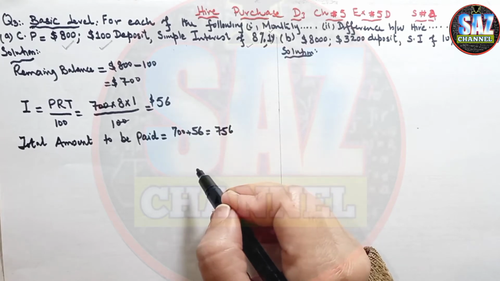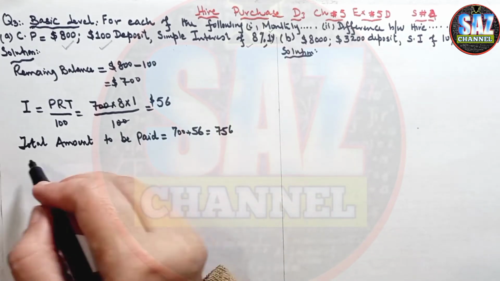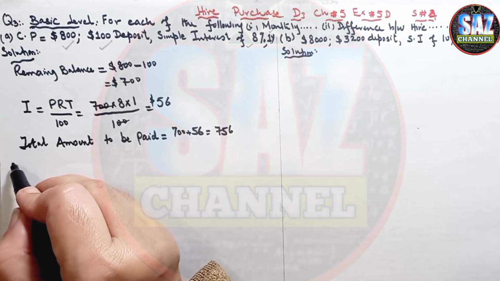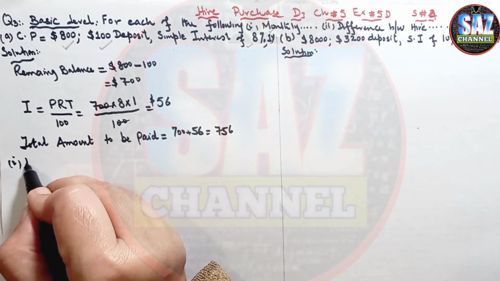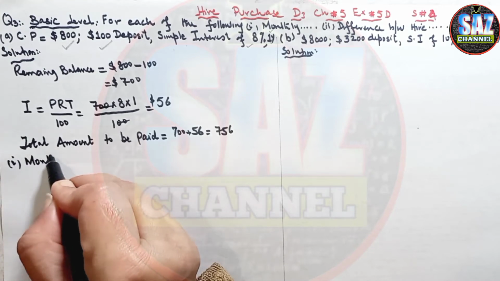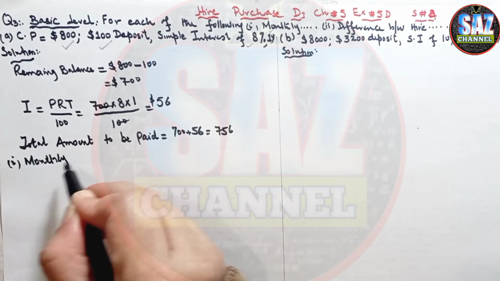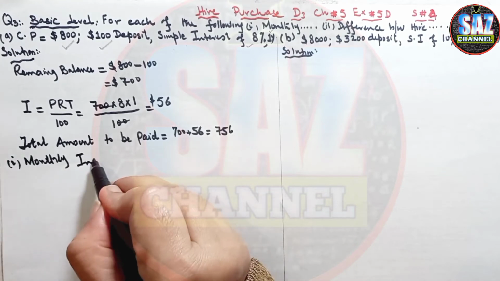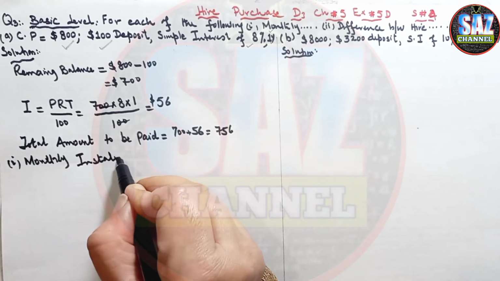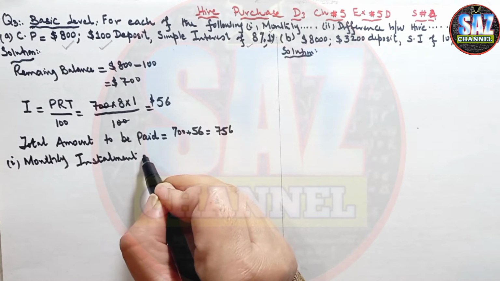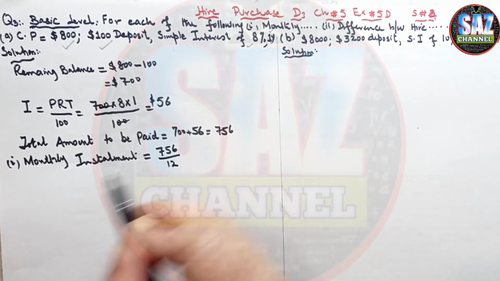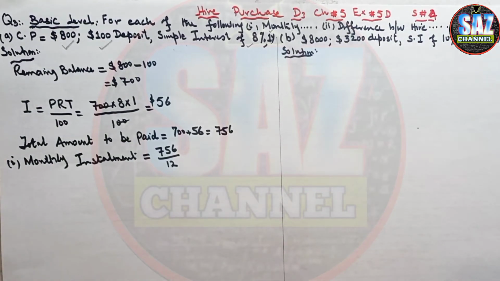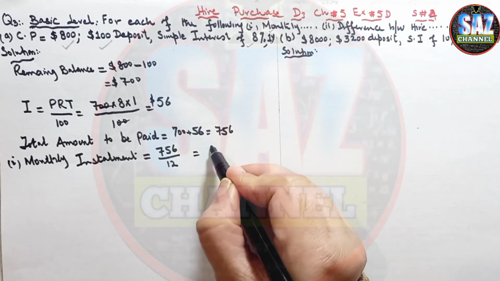And now we have to find the monthly installment. This is the first part, let me mark the part number. The monthly installment, that is how much amount I have to pay in 1 month, will be equal to 756 divided by 12. 756 divided by 12 will give me $63.